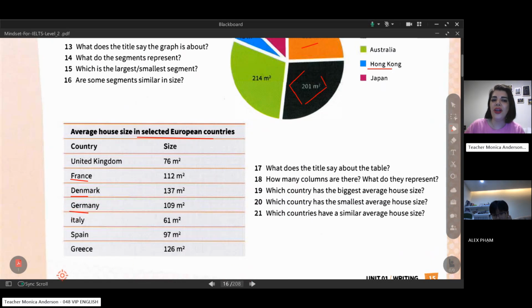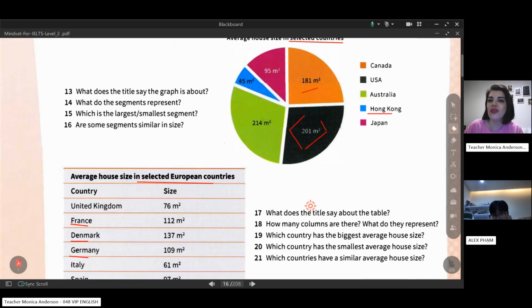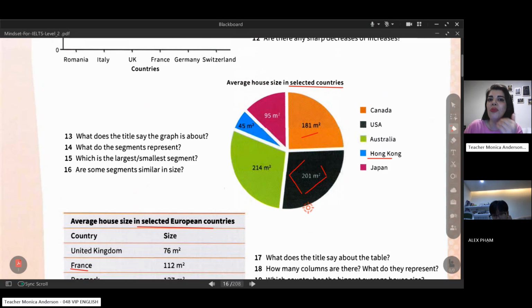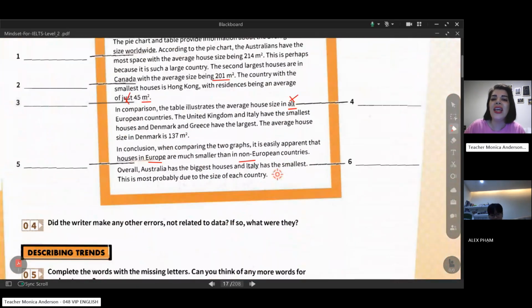So what do you think, in most countries? When the candidate writes houses, it indicates all houses, but here we have most of them.